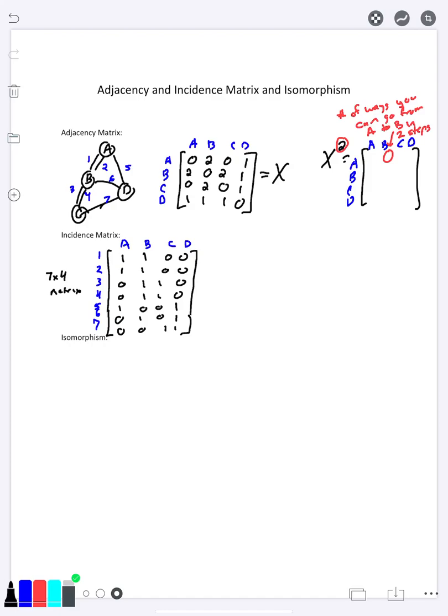And the last concept in this video is the idea of isomorphism. Now I'll give you the official definition here.